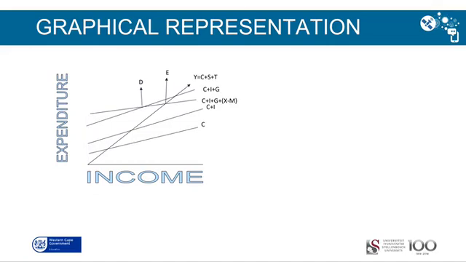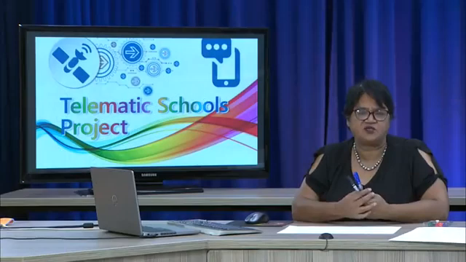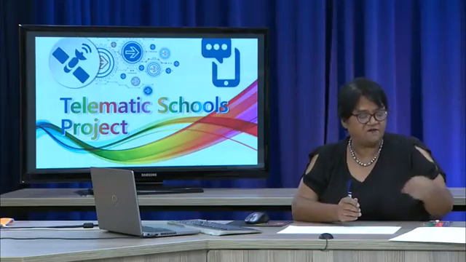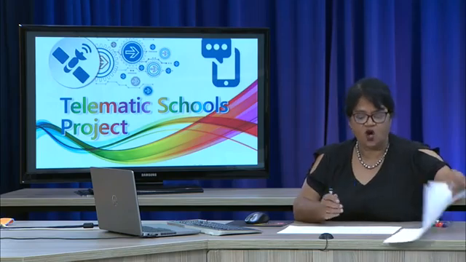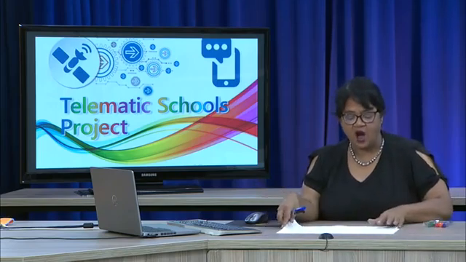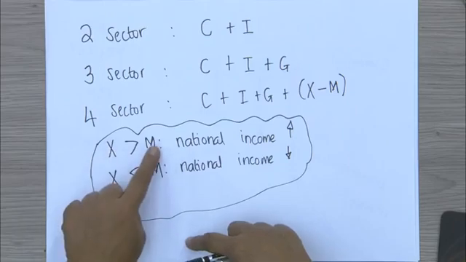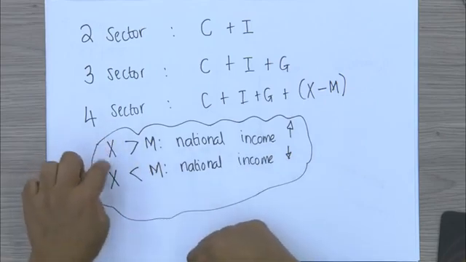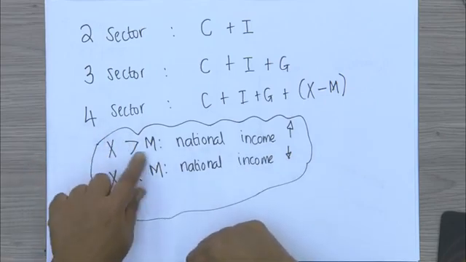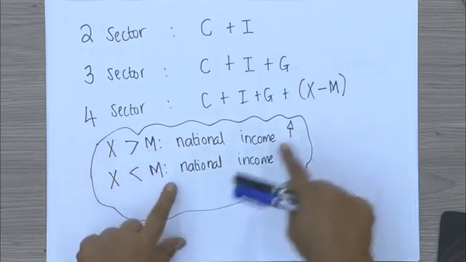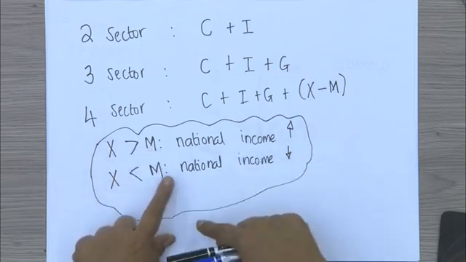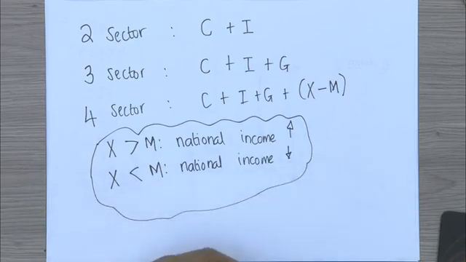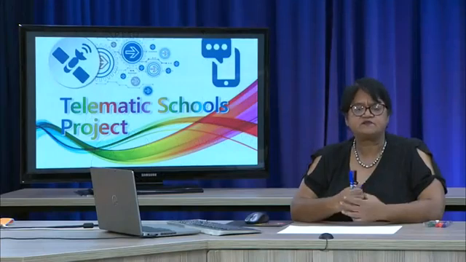I can't get back to that slide that shows you the effects of the four-sector model, but do you get the understanding? So when we look at the effects of the four-sector model, we are looking at how exports and our imports affect our national income, right? So we need to be sure that when our exports are greater than our imports, national income increases, but when our exports are less than our imports, then the national income will decrease.